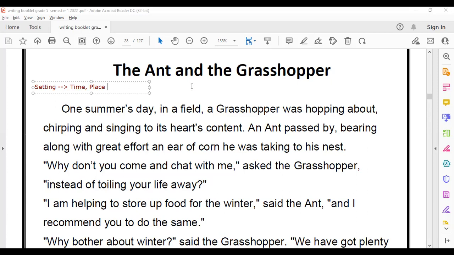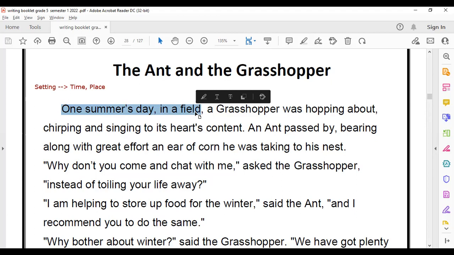Just try to remember always that the setting has the time and place. And for your information, it is better to write the time and the place at the beginning of the story. It's also easier to state the characters at the beginning of the story, in the beginning paragraph. Why is that? To save yourself from forgetting.